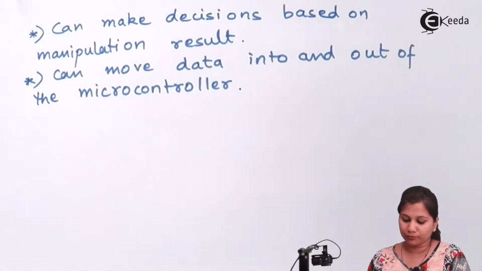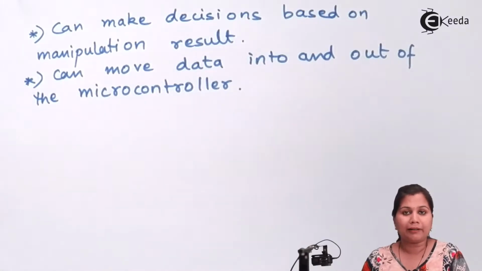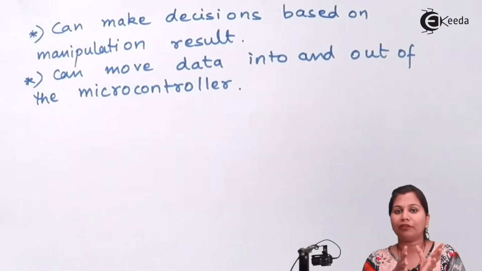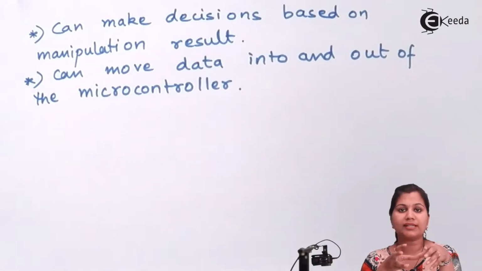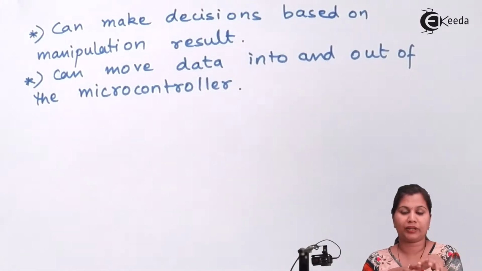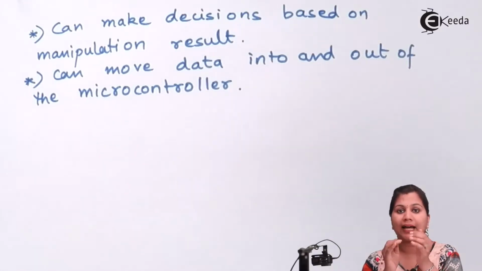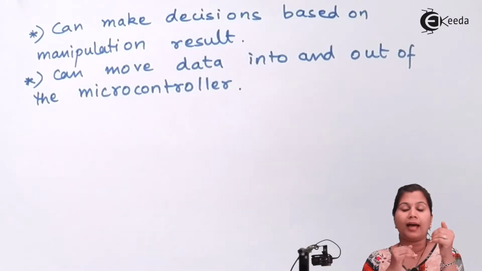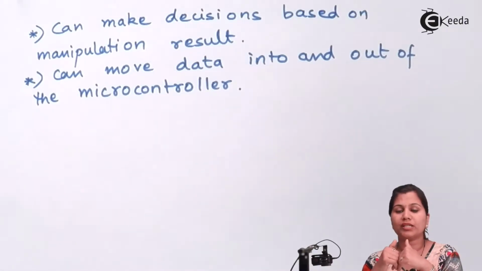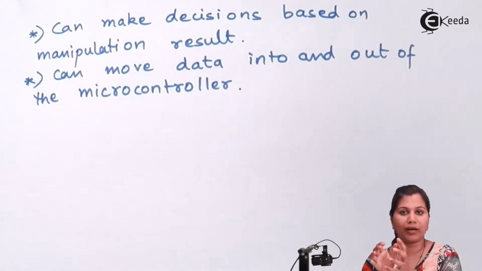In the microcontroller, we have the hardware part and the software part. The hardware part includes only the logical circuitry which is present in it, the electrical circuits and the logic gates, which constitute the hardware part. And the software part includes the instructions and the programming part.